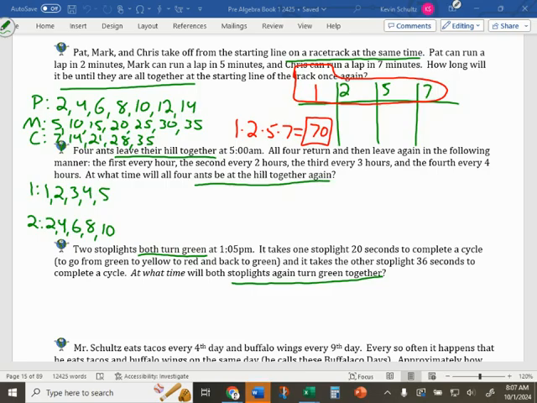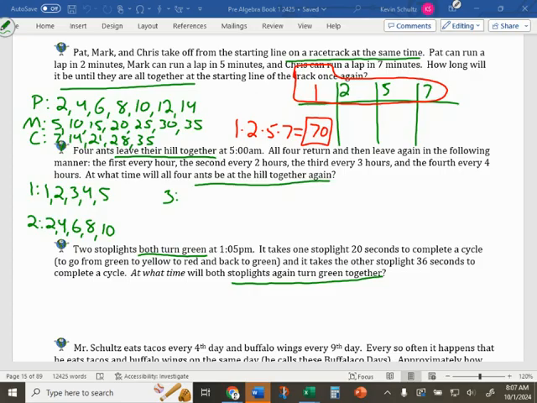So the first and second ant will be back together at the hill 2 hours after they leave, which is what time? If they leave at 5 a.m., they're both back 2 hours later. What time would it be? 7 a.m. They're both back 4 hours after they leave, which would be what time? 9 a.m., right? Okay.